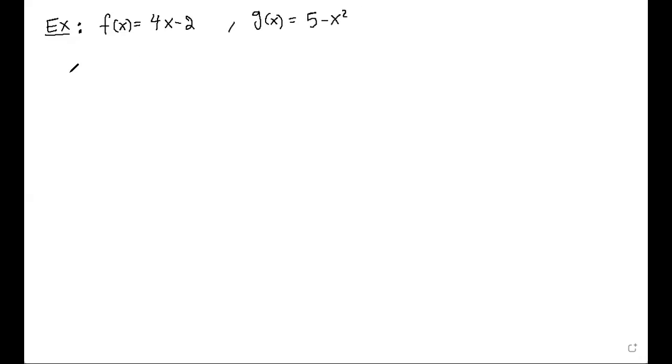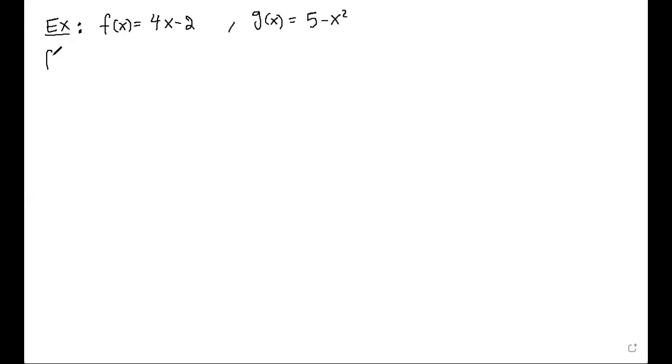So now let's go back to the example. So here, the last thing I said, a function f of x, the example is f of x equal 4x minus 2. The second function g of x is equal 5 minus x squared.